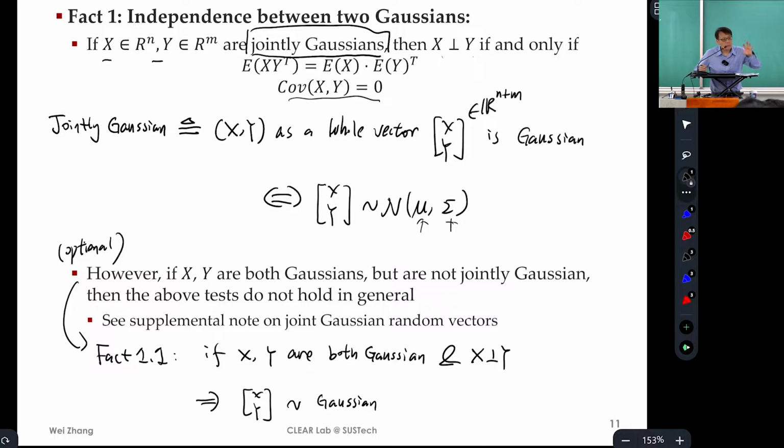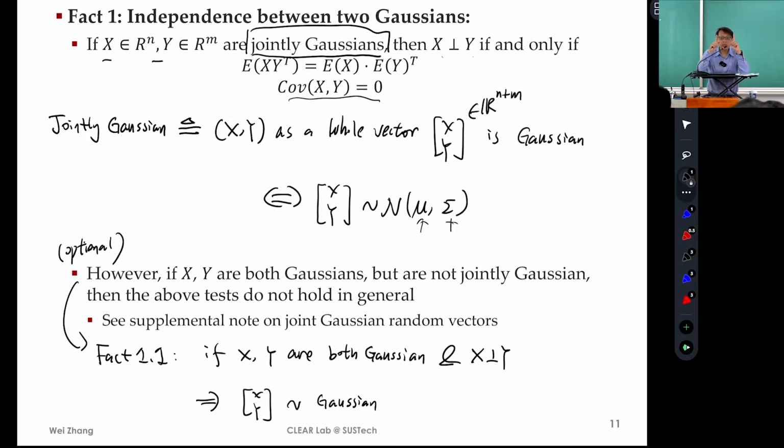Both Gaussian means each of them is Gaussian. If you put them together as a vector, you have to specify the joint distribution. Given the marginals only doesn't fully specify the joint. I hope you can somehow understand that.